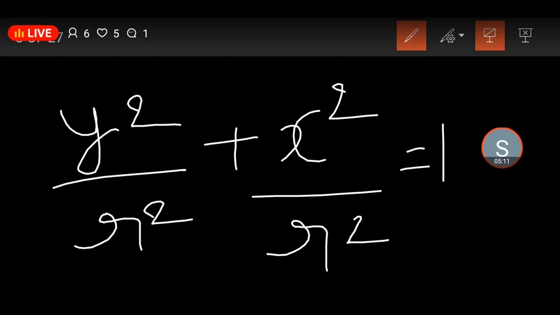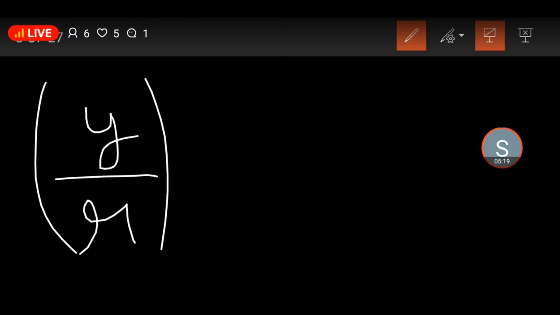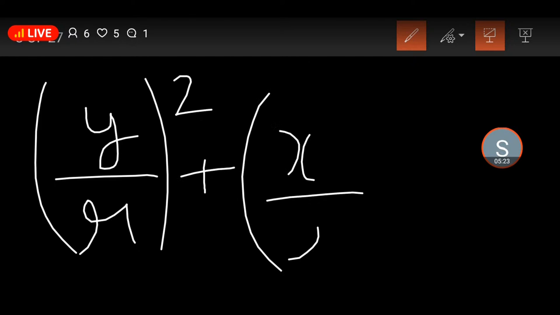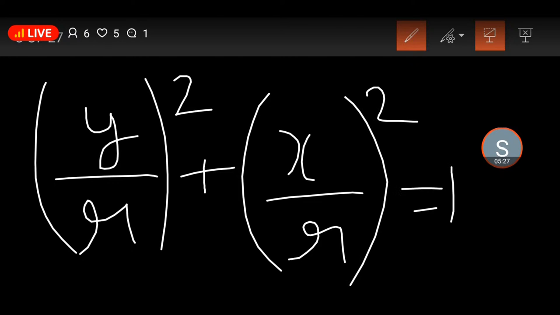First you take the powers. Let me write it like this: (y by r) whole square plus (x by r) whole square is equals to 1.